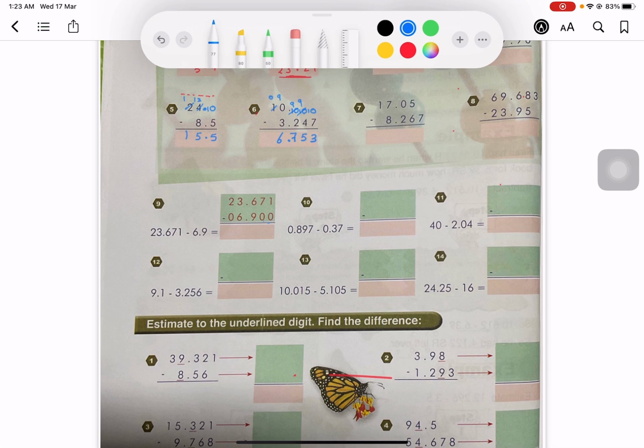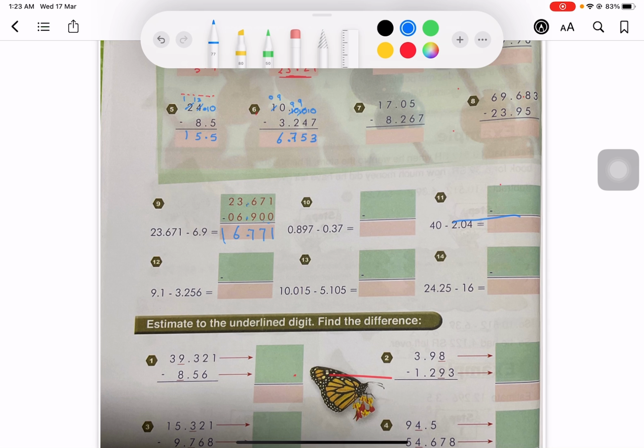The important thing is that the decimals should be under each other. 1 minus 0, 1. 7 will go down. 6 minus 9, it can't. 16 minus 9, 7. The decimal will go. This will be 2. 2 minus 6, you can't. 12 minus 6, 6. And this will be 1. So my answer is 16.771.